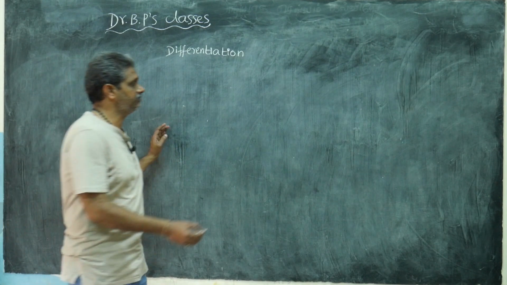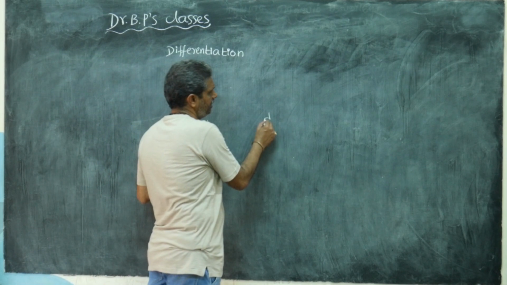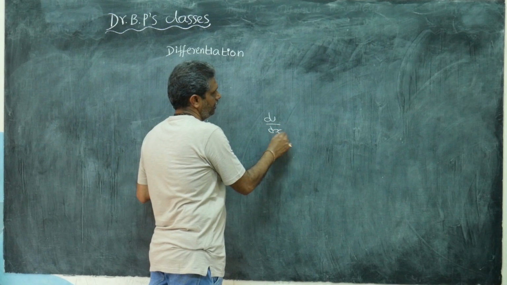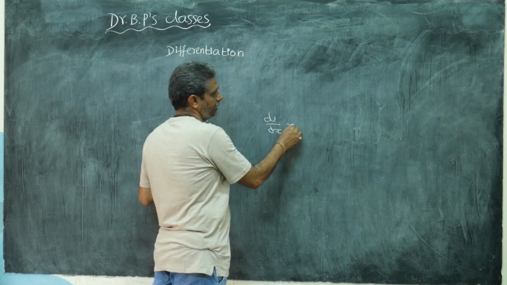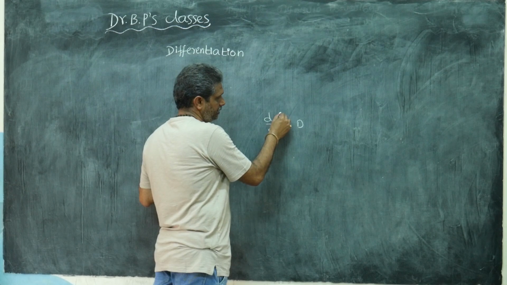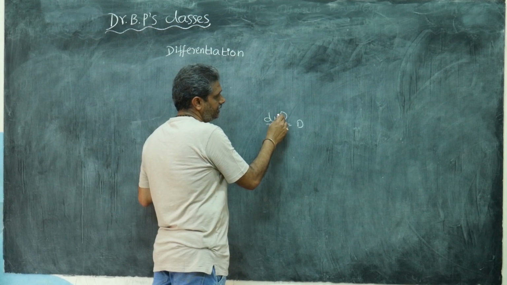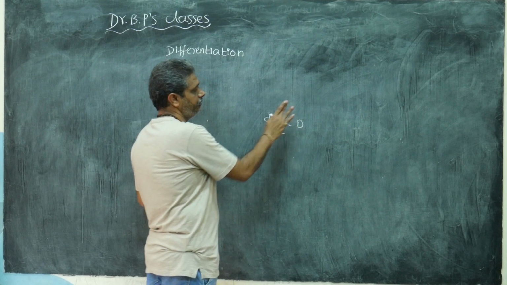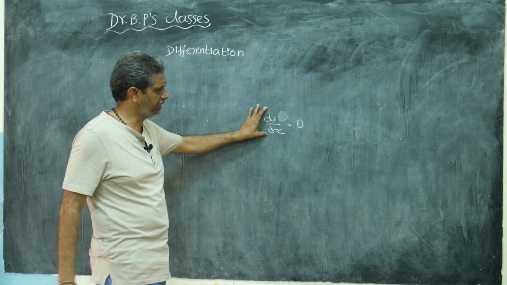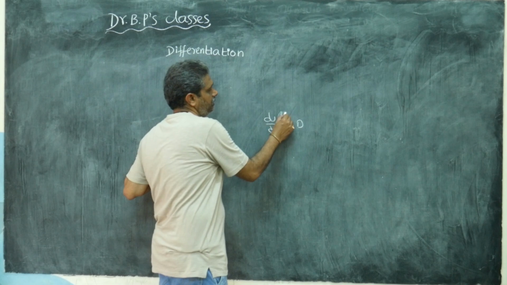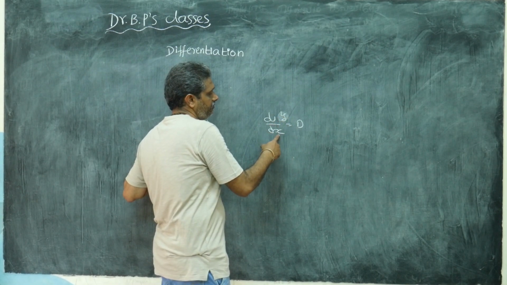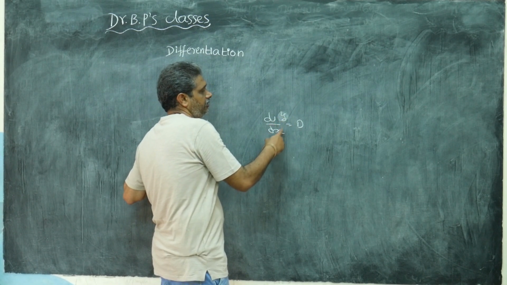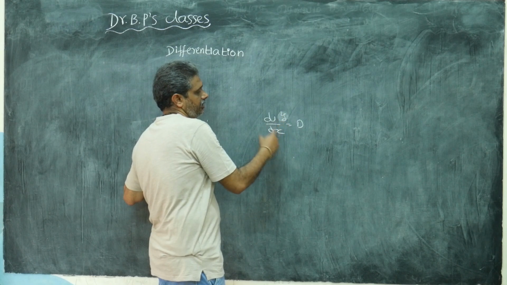Actually differentiation means they will always write d by dx. D by dx is just an operator. It is meaningless by itself. Suppose here any function is there, this is differentiate with respect to x. If it is not there, no meaning, just operator. Suppose y, then y differentiate with respect to x. x is the variable, y is a function of x.